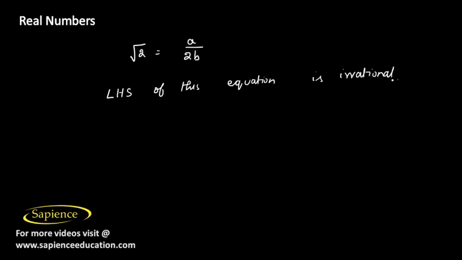We know that root 2 is an irrational number, but the right hand side of the equation is of the form p by q, so it is a rational number.